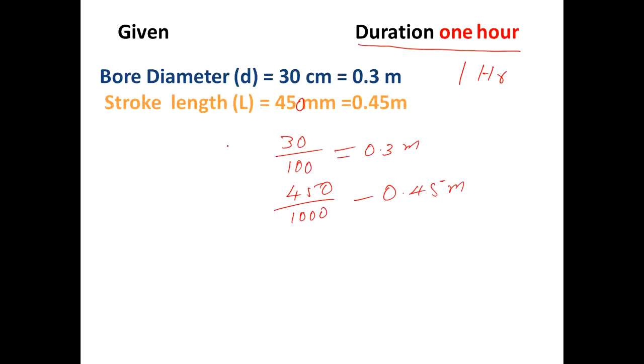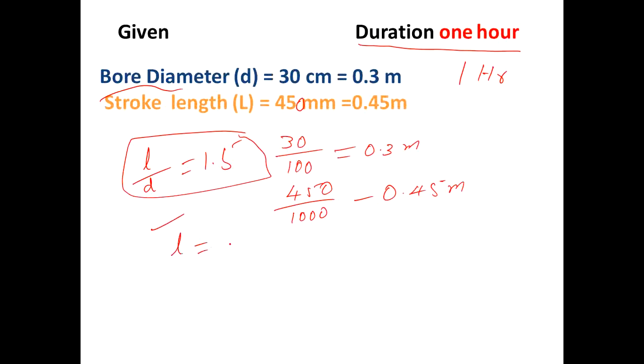In the examination, if they do not give even the stroke, you can assume L by D ratio is equal to 1.5. Sometimes if D is given, you can calculate the value of L as 1.5 into diameter. In this problem also the same: 0.3 into 1.5 gives 0.45.